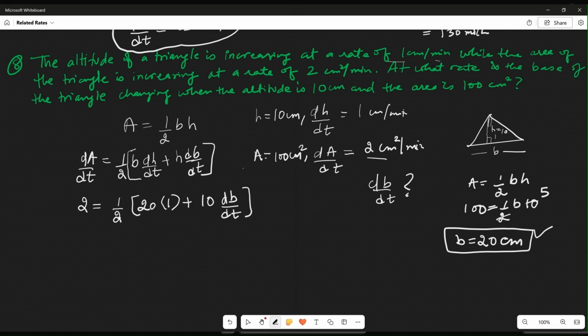Okay, cross multiply this one here. 2 times 2 is 4, which is equal to 20 plus 10 db over dt, and we are solving for the rate of change of the base. So we have 4 minus 20, divided by 10, is equal to db over dt, and this is going to be negative 16 over 10, right?